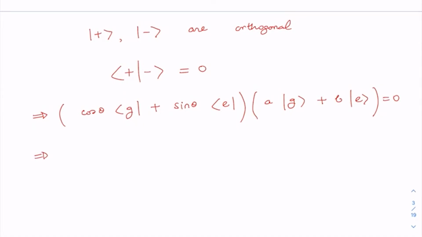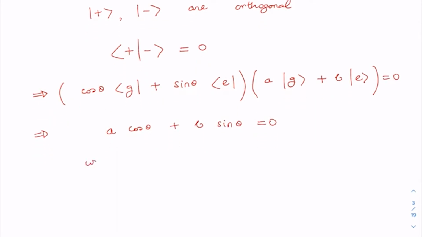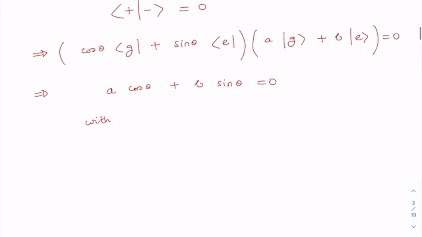So we have this equation: a cos θ plus b sin θ is equal to 0. Of course, we also have the constraint that a squared plus b squared has to be equal to 1.